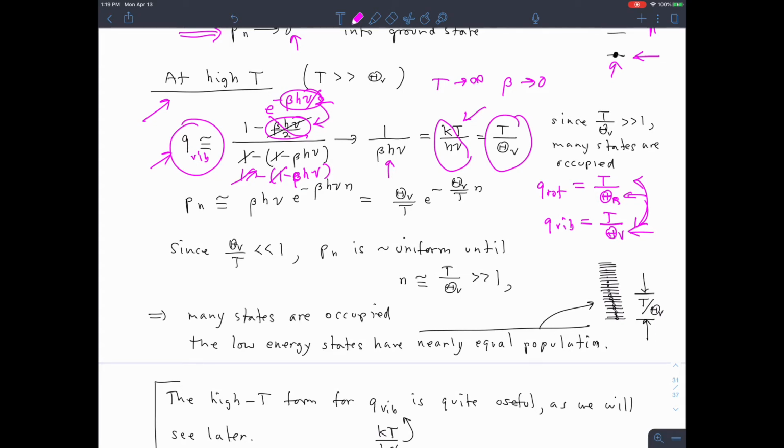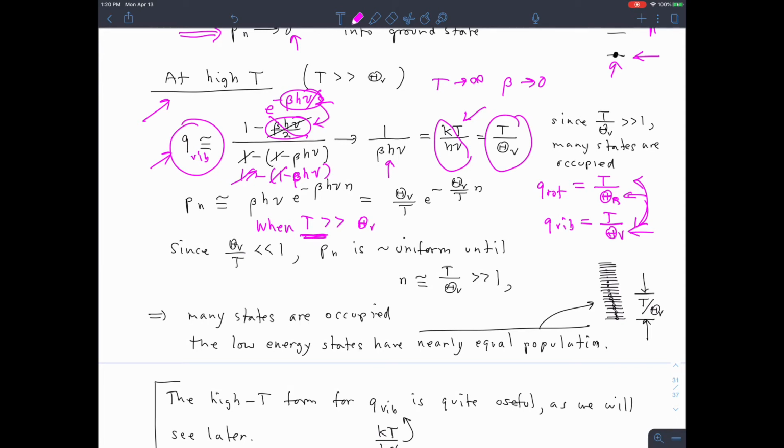All right, when the temperature is much larger than the vibrational temperature, and we'll see that the vibrational temperatures are high in this case, so this means you're at a really high temperature, in fact.